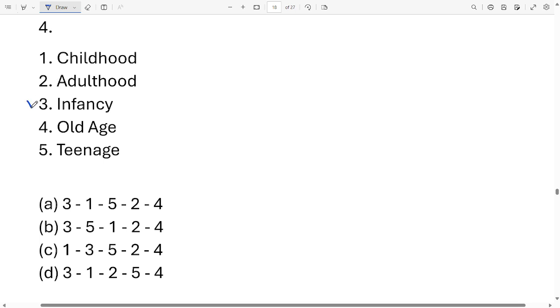First will be infancy, then childhood, then teenager, then adulthood, and then old age. So our combination is 3, 1, 5, 2, 4, which is option A.